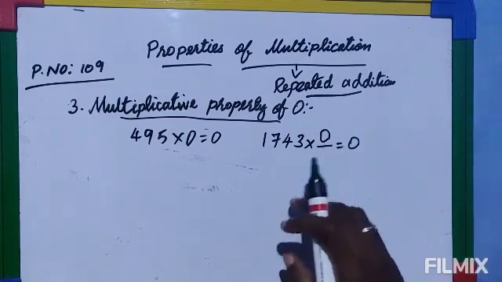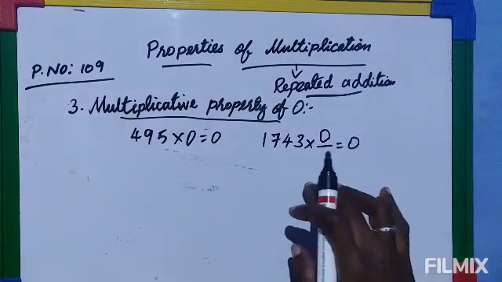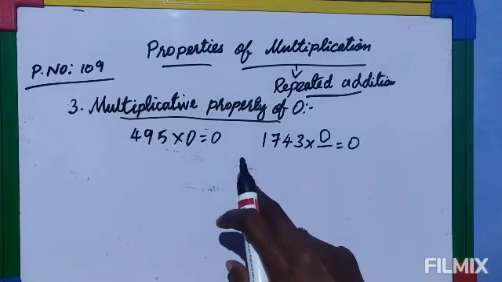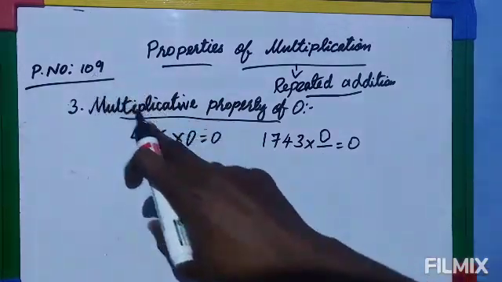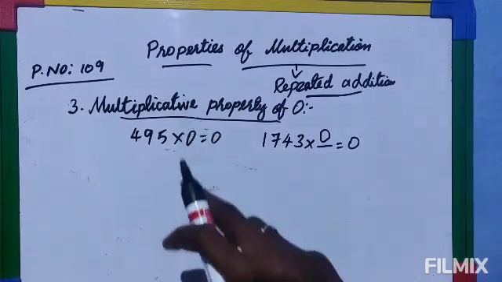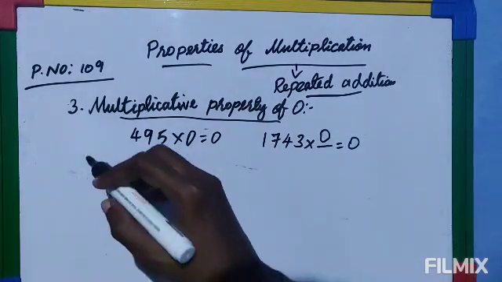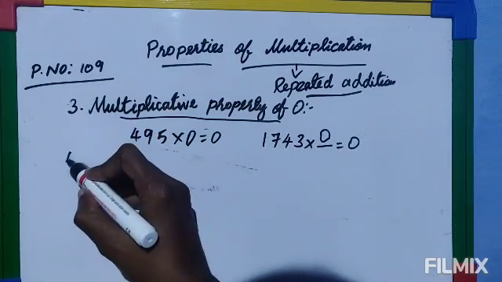So remember this, and this definition is all given on page number 109, you can see there. I am giving only the example. The definition is given on page number 109, you can look and read. Now the next property, the fourth one, is called the grouping property.